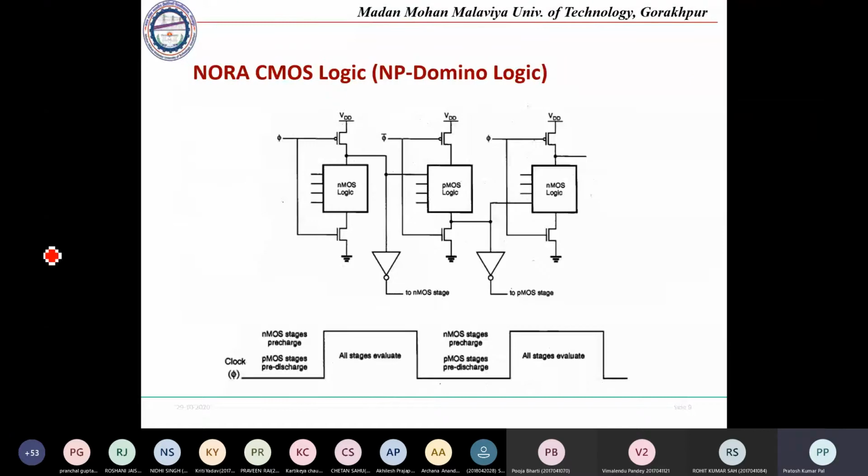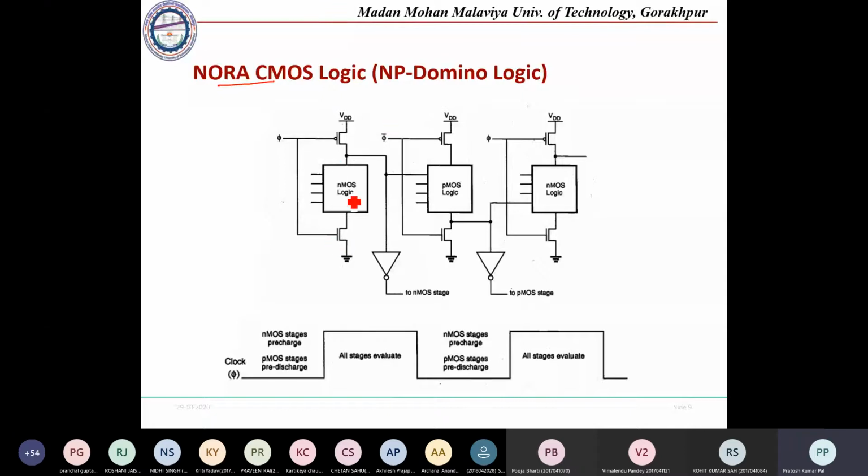So this is the configuration of a NORA logic. So here an NMOS logic is there, same configuration. One precharge transistor will be there, a PMOS transistor. Another one is an NMOS transistor that will be activated when the evaluation phase takes place. And along with that, the next stage takes whatever output is there.